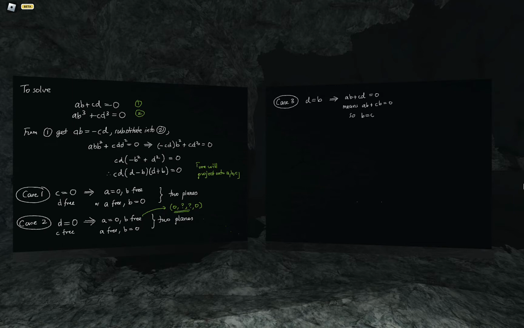So B equals 0 or A equals minus C. Maybe there's more to say, but let's move on to D equals minus B, which will mean AB minus CB is equal to 0. So B equals 0 or A equals C.